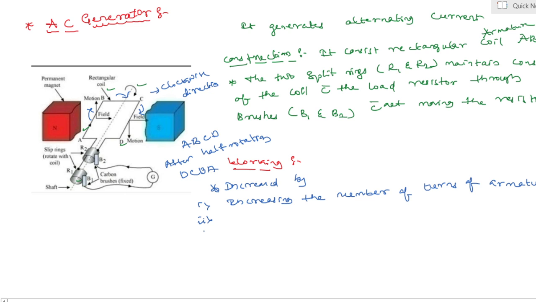Second, increasing the area of the armature. Third one, increasing the speed of the magnetic field, and last one, increasing the strength of the magnetic field.